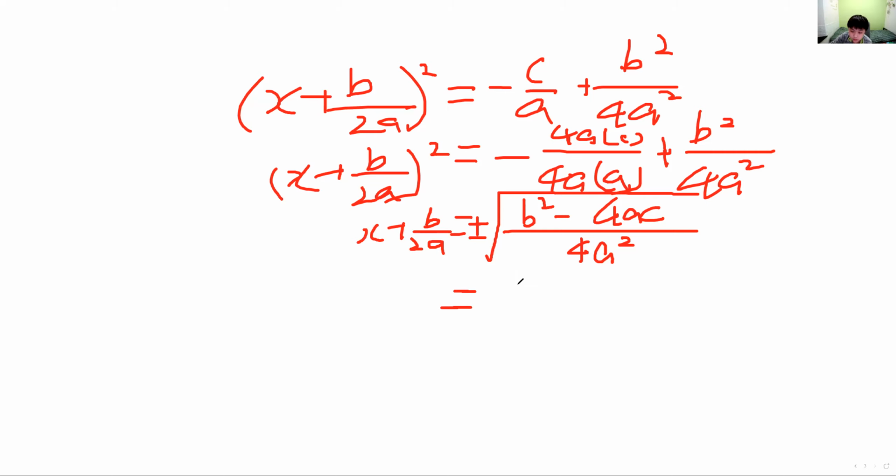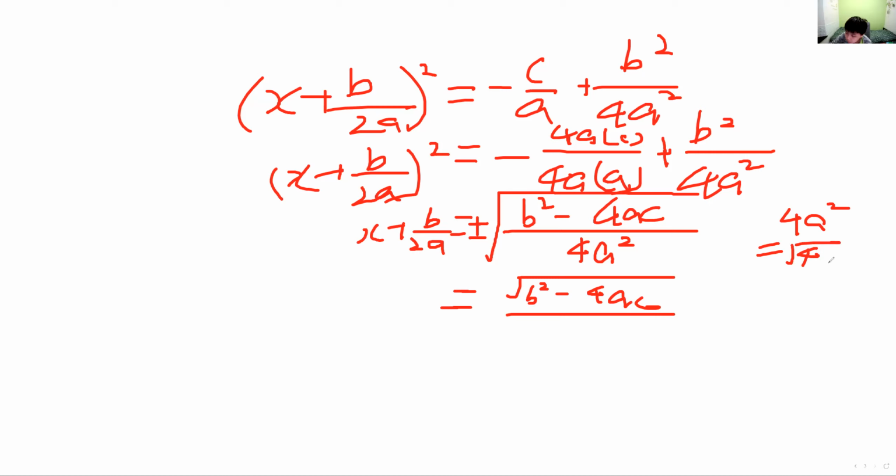So we can just say it's the square root of b squared minus 4ac. Then how to square root it? We just have to square root the 4 for a bracket, and then just square root out the a squared.